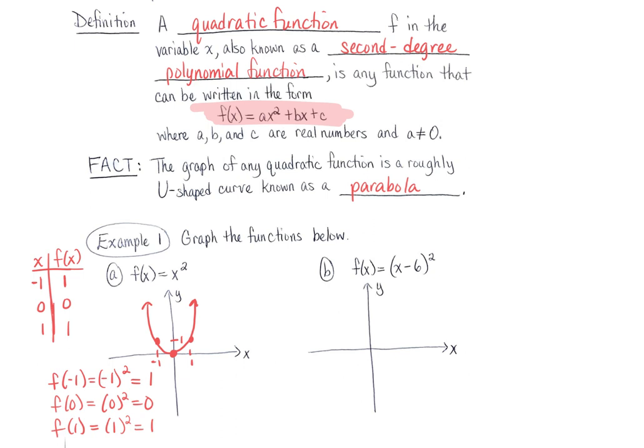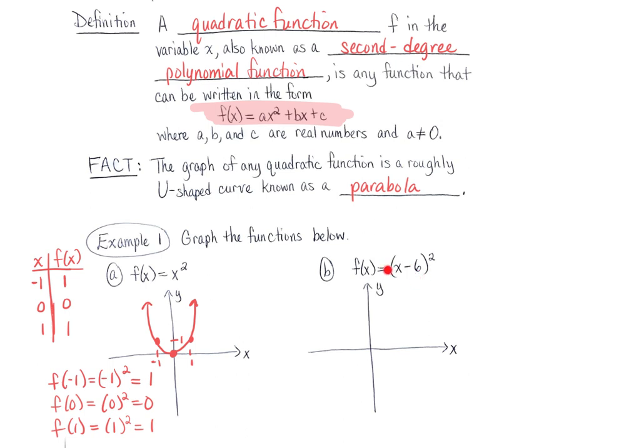Okay? In part B, let's graph f of x equals the quantity x minus 6 squared. Notice that here we have a quantity on the inside, which is x minus 6, and we're squaring it. The fact that we're squaring it means that the shape of the graph will also be a parabola.